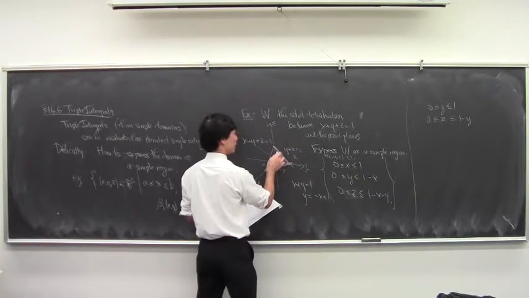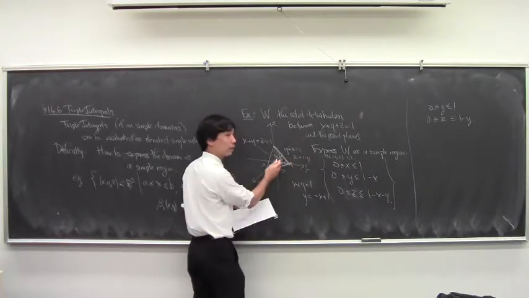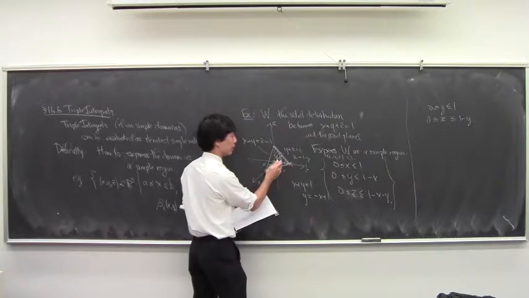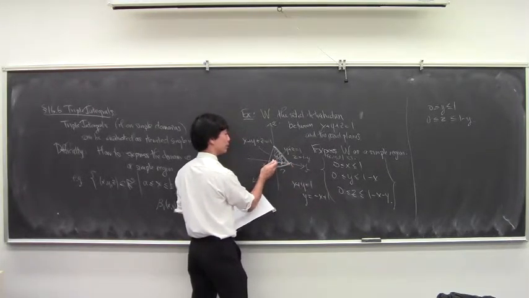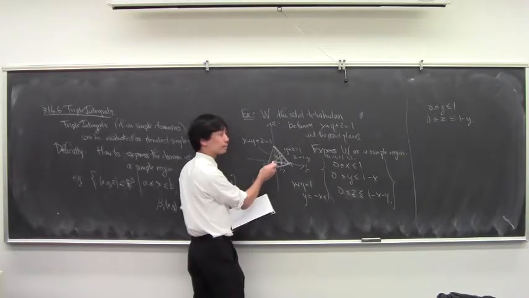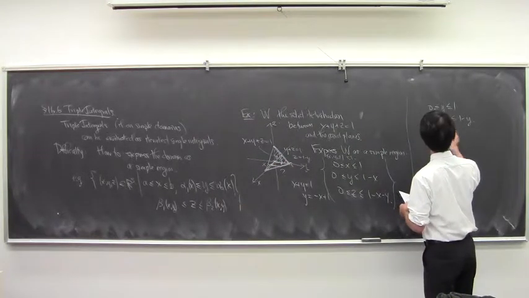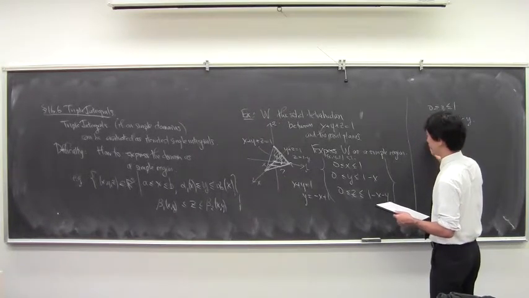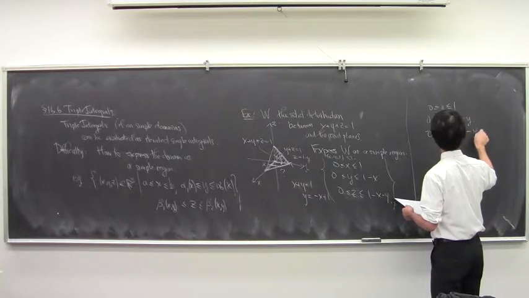So what's the z at this height? This is going to be 1 minus y. When y equals 1, it goes from 0 to 0. When y equals 0, it goes from 0 to 1. Okay, and then the x's are going to go from 0 to 1 minus y minus z.